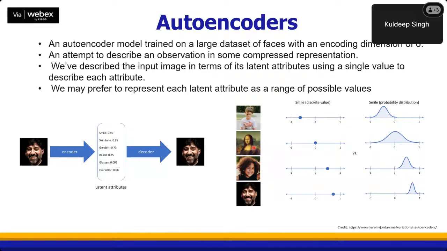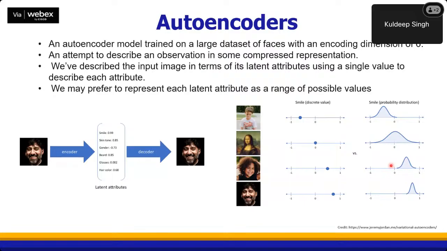What value will you assign to the smile attribute for this particular image? This is 0 here. But if we have the flexibility to sample the value of these latent attributes from a distribution, we'll have flexibility.